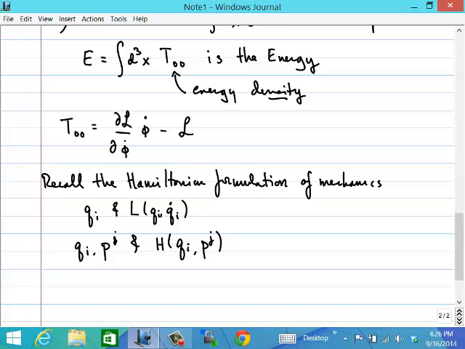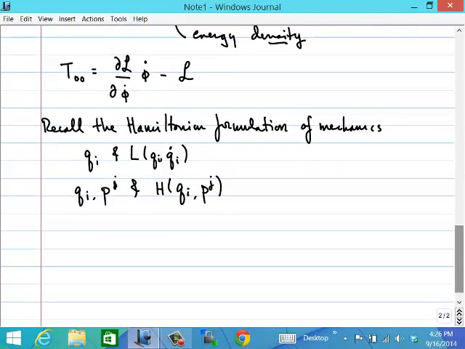Instead of the Euler-Lagrange equations, the equations are determined by Hamilton's equations of motion, namely that qi dot is equal to the derivative of the Hamiltonian with respect to pi, and pi dot is minus the derivative of the Hamiltonian with respect to qi.